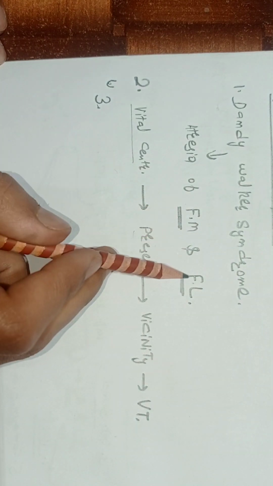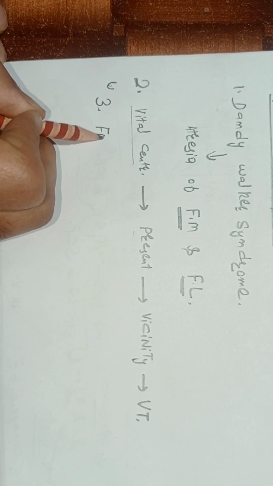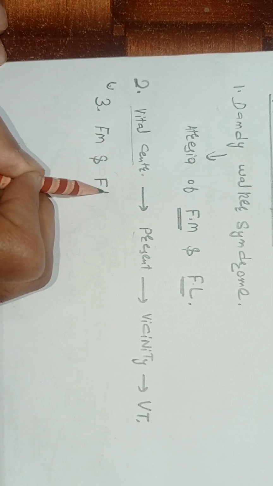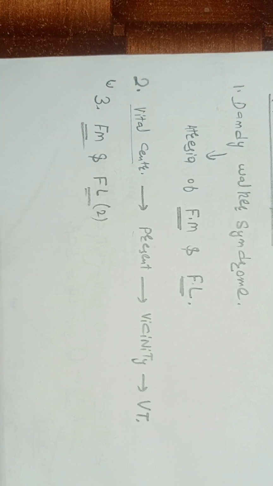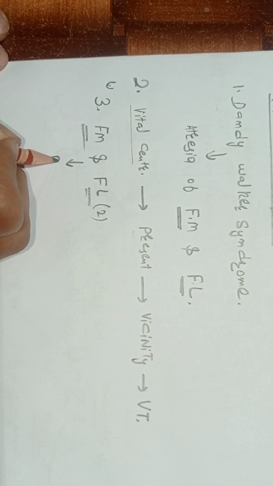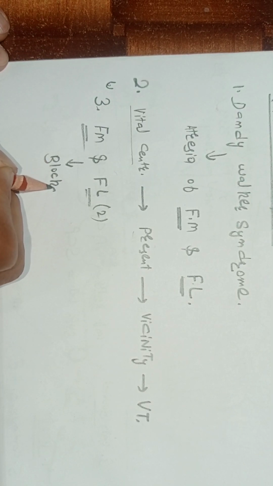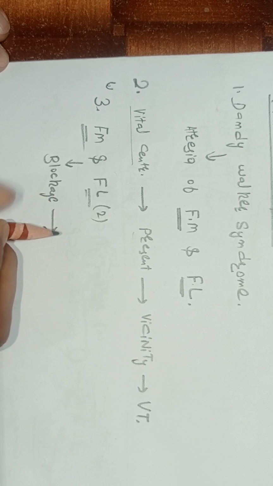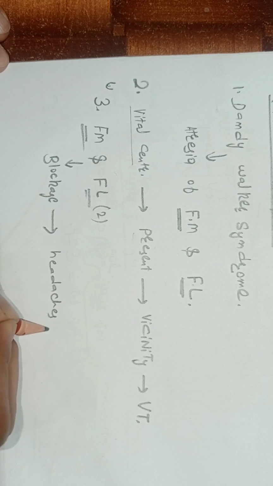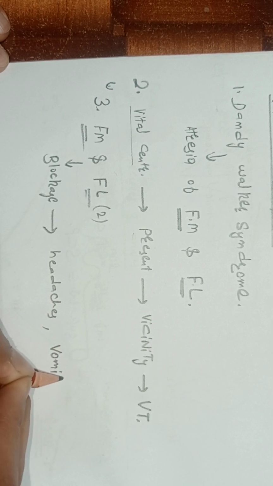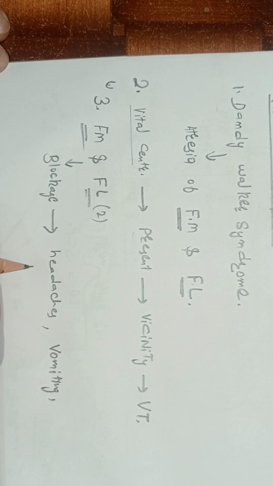Number third clinical point and the last clinical point of the fourth ventricle. These are the foramen of Magendie and the two foramina of Luschka. If there is ever a blockage of these apertures, it will result in headaches, vomiting, and papilloedema.